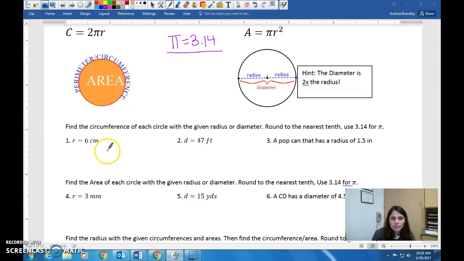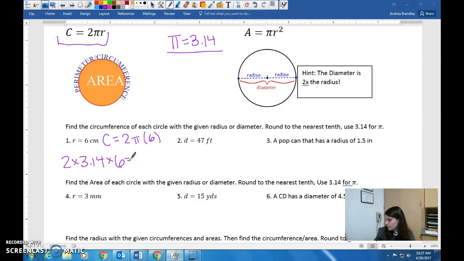So on all of these problems, I'm going to be using this 2 pi r formula. Right here, it gives me the radius is 6. So if I'm trying to find the circumference, that's equal to 2 pi times the radius, which is 6. So I'm going to plug my 3.14 in for pi and do 2 times 3.14 times 6.